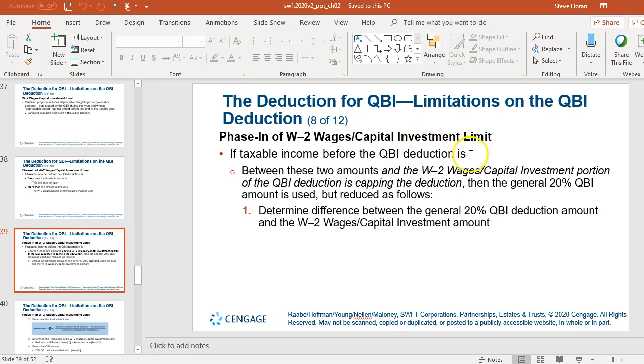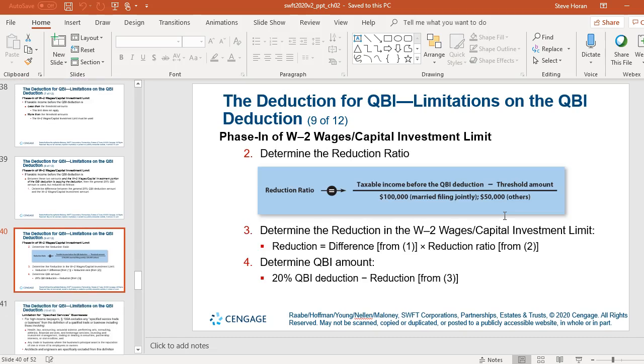If taxable income before the QBI deduction is between the two amounts, then the general 20% QBI amount is used, but reduced as follows. Determine the difference between the general 20% QBI amount and the W-2 wages capital investment amount. So here's the formula to do that. And we'll do some homework problems together where I think that'll become more evident.